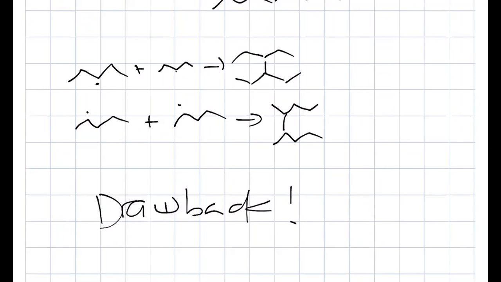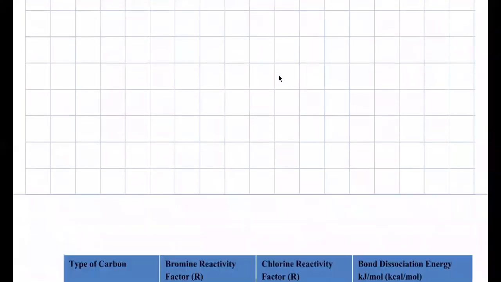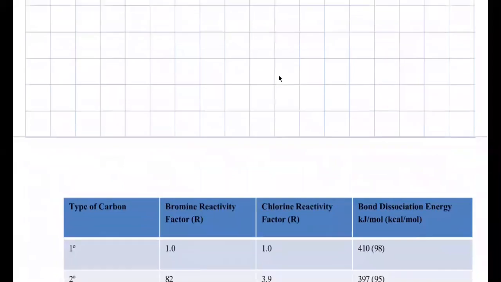The only thing that works in your favor is that sometimes these disproportionation products are less stable than the alkyl halide products that you get. All right. So that's a big drawback. So that's why this process is not always widely used.